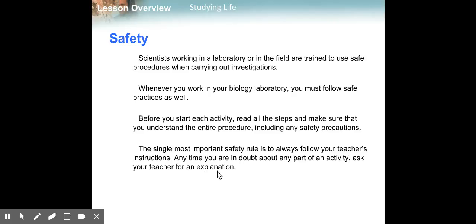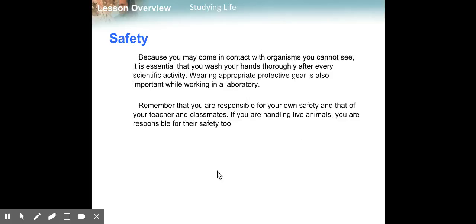Tomorrow we're going to do a lab with potatoes. They're very dangerous, tell you what. But you never know what could be on those potatoes. So when we're done with the lab, wash your hands. Pretty simple, right? Again, a lot of things in biology are organisms you can't see, bacteria, viruses.